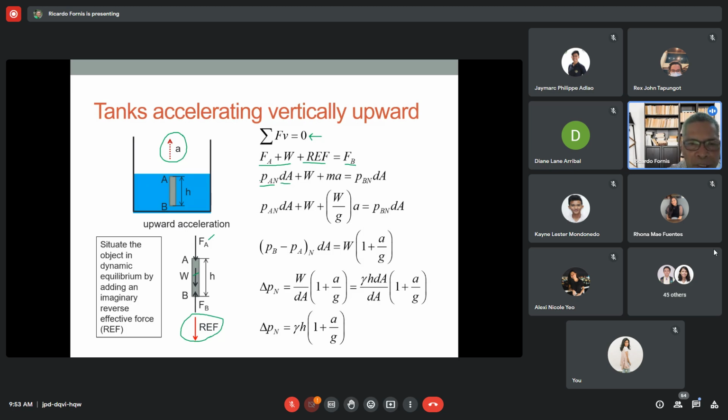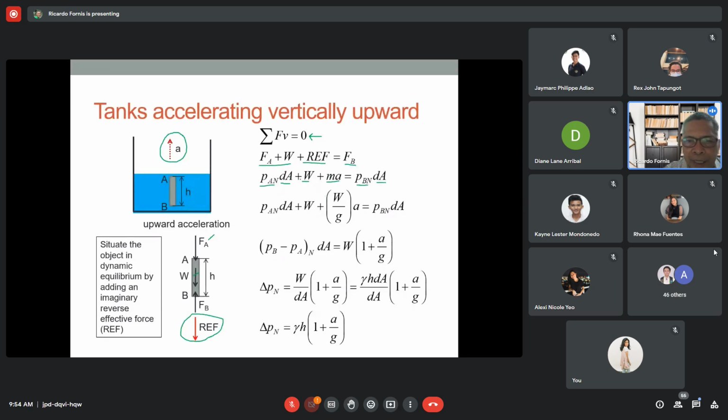And this pressure is not the same as the one before, so I just call it N, just to differentiate it from the PA. W is the weight of the liquid, and REF, the reverse effective force, is mass times acceleration. Then this is the pressure at the bottom multiplied by the same area, dA. So again, you can just combine the W and MA.